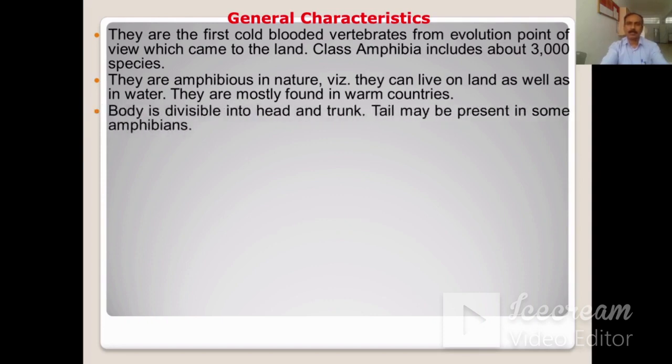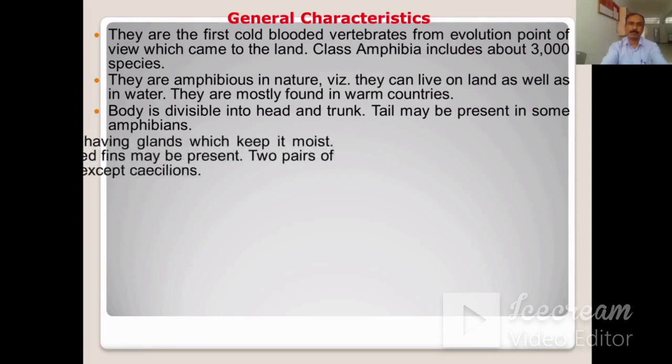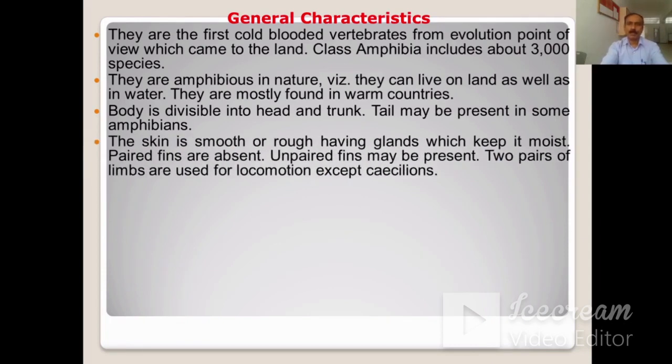The body of these animals is divided into two regions, that is head and trunk. Tail may be present in some amphibians. The skin is smooth or rough, having glands which keep it moist.